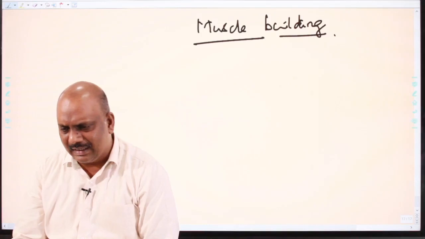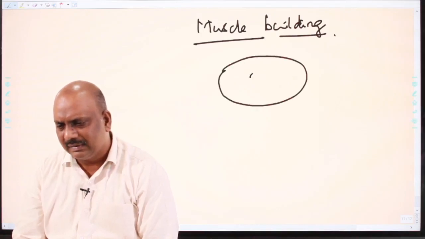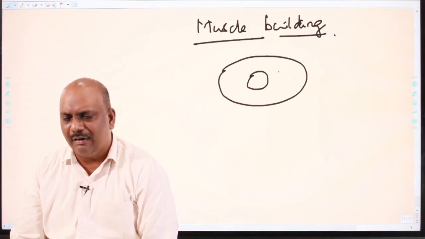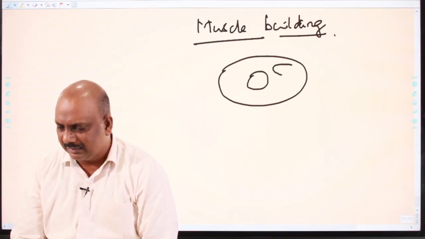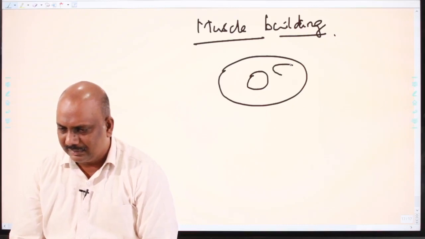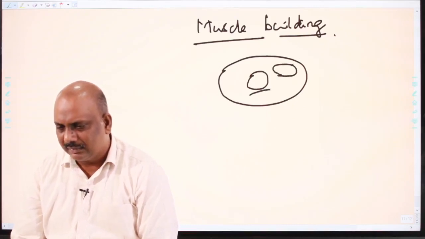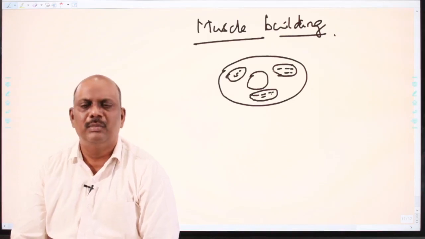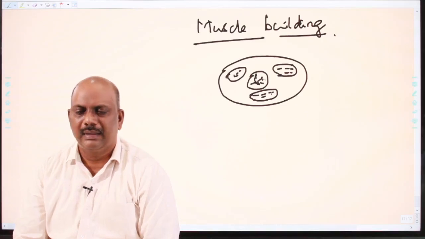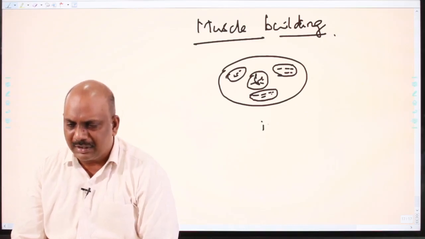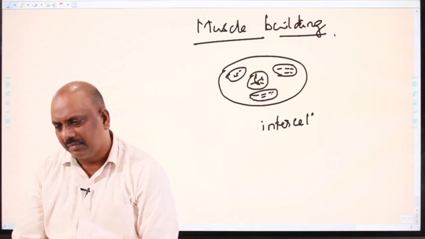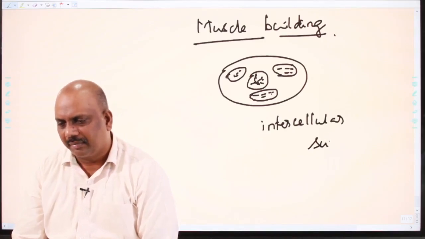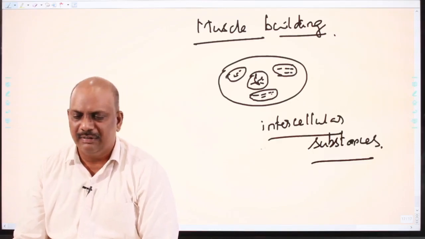Initially, inside a cell, there will be too much intercellular water. This is our chromosome, this is our nucleus. There will be too much of intercellular substances, mostly water.